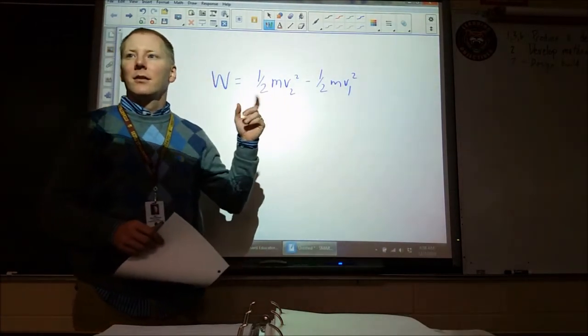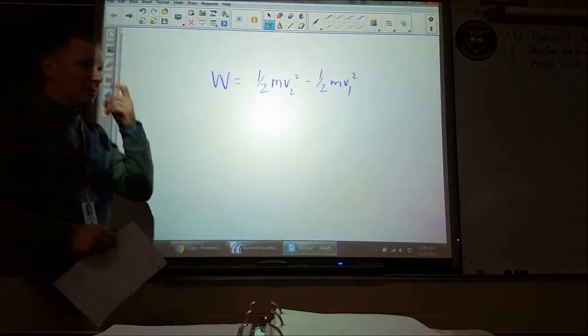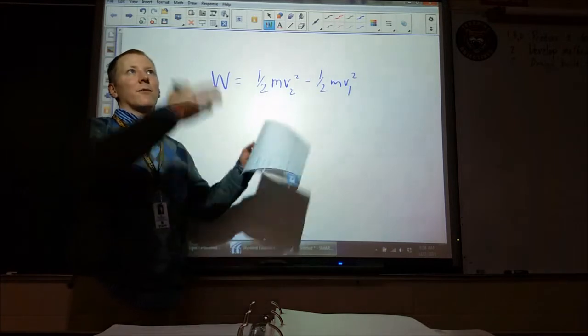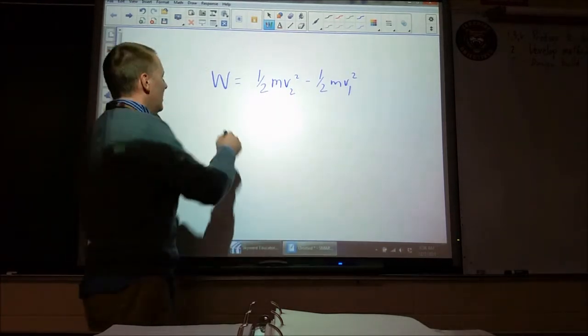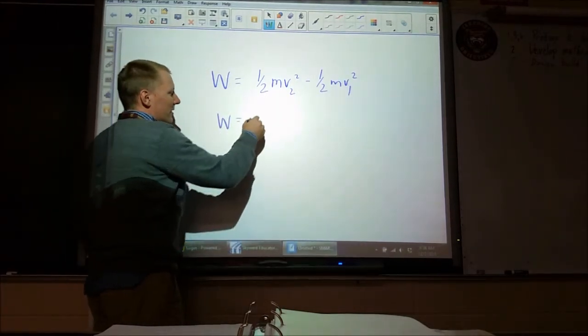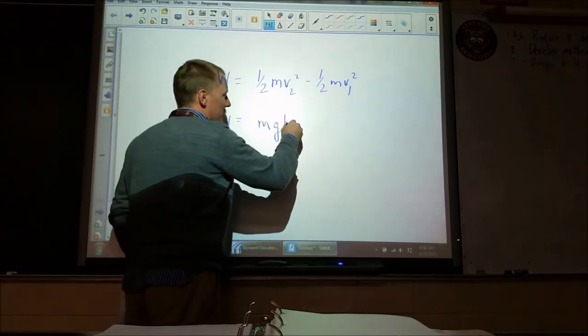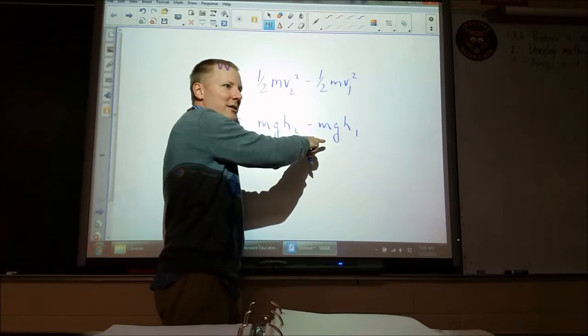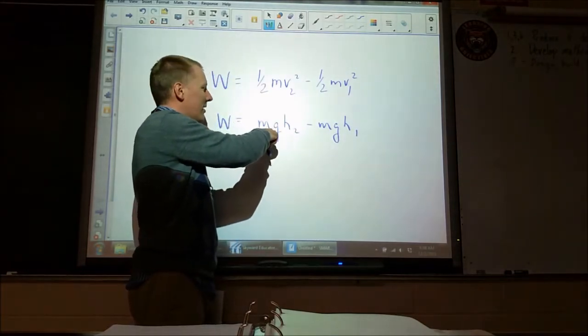We're going to use that, and the same thing goes for if I'm lifting something, say from the floor up to 2 meters. I know that I've got work equal to mgh2 minus mgh1, taking the potential energy that it started with and the difference from what it has now.